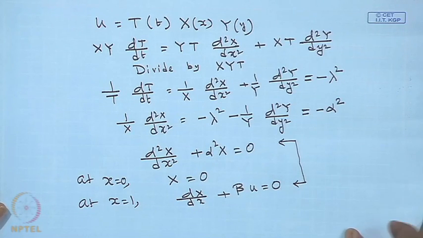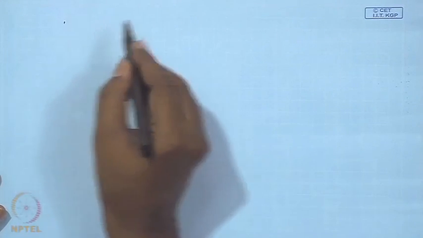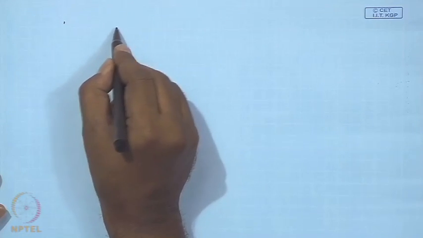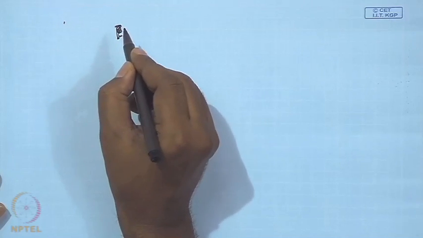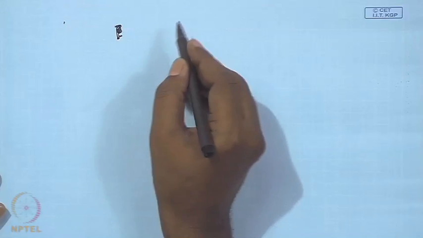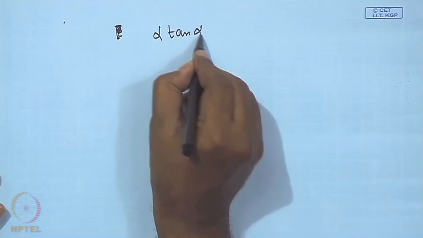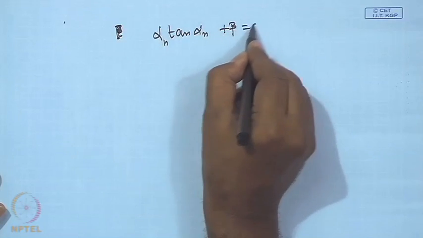If you remember, the eigenvalues of this equation will be obtained from the transcendental equation alpha tan alpha n plus beta is equal to 0.